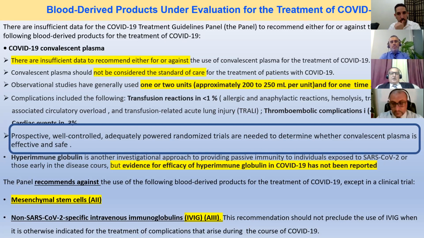What about hyperimmunoglobulin? This is another investigational approach, and the evidence for its efficacy has still not been reported. Again, the panel recommends against the use of mesenchymal stem cells and against the use of non-SARS-CoV-2-specific IV immunoglobulin.